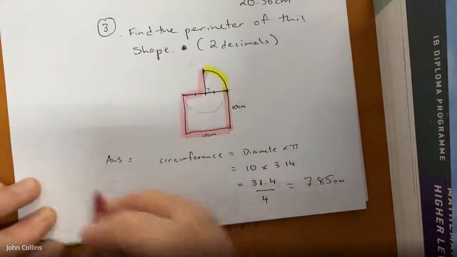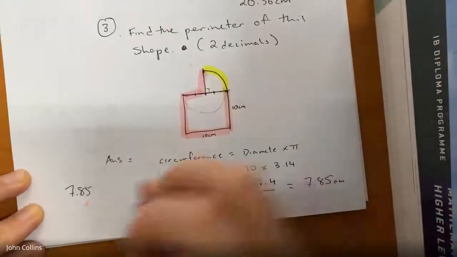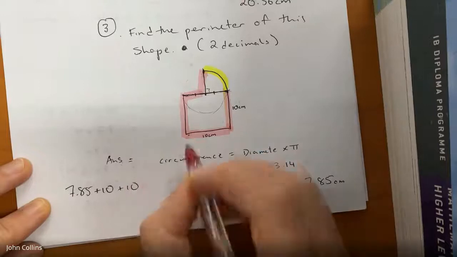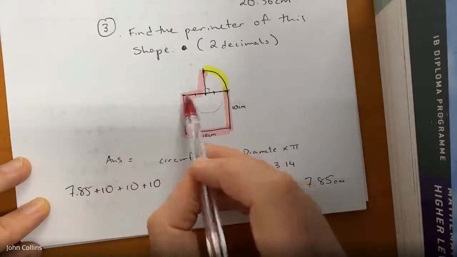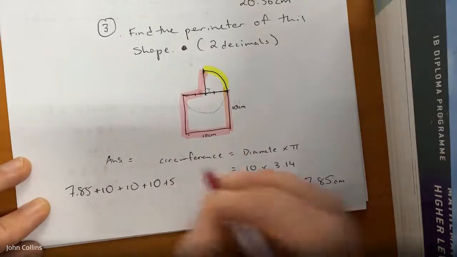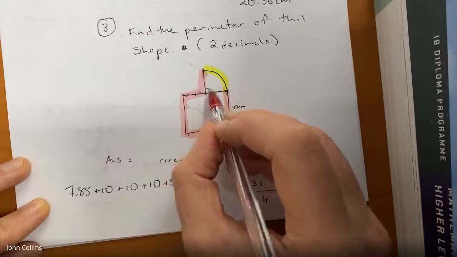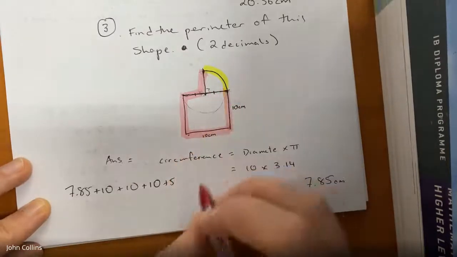So I have 7.85 as my curvy bit, plus 10, plus another 10, plus another 10, and then this little bit here, that's going to be 5 because it's halfway, that'd be a radius of the circle, and if the diameter is 10, the radius is 5.